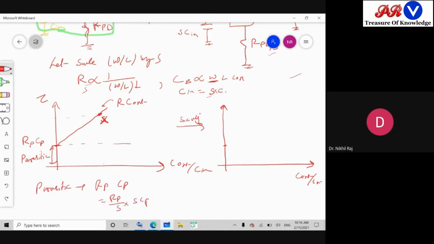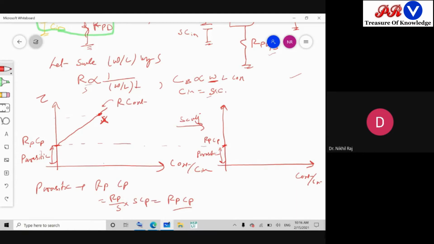What equivalent will we get? RP into CP. So no change will be seen by the scaling of the MOSFET. This means the parasitic value will remain as it is. That's why it is said that parasitic delay will not depend upon the sizing of the inverter. Once the inverter is sized, if the scaling is done by the user, there will be no effect on the parasitic delay.